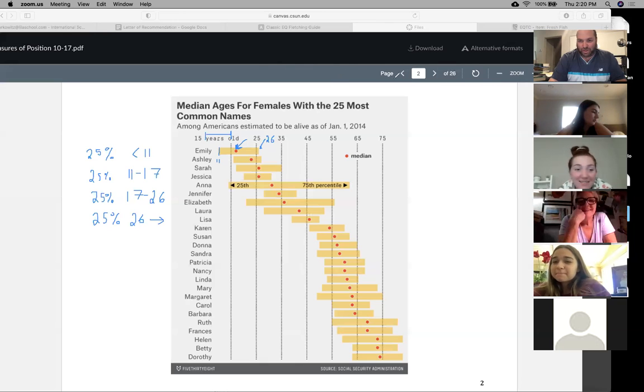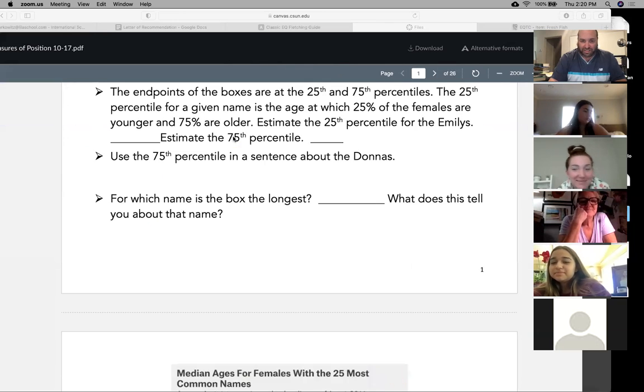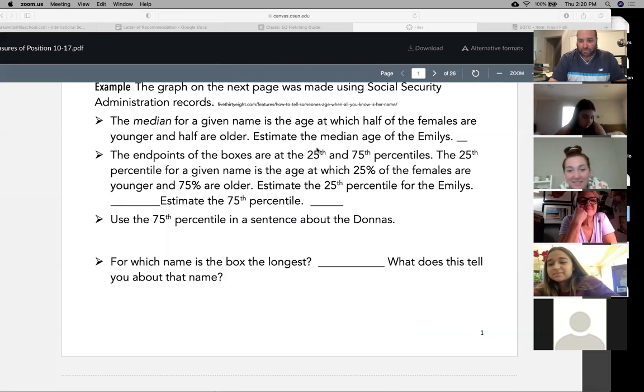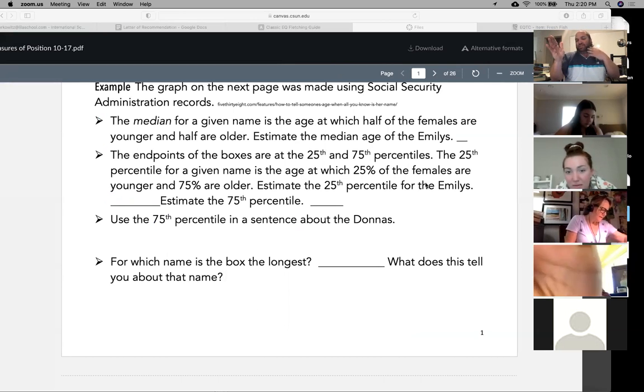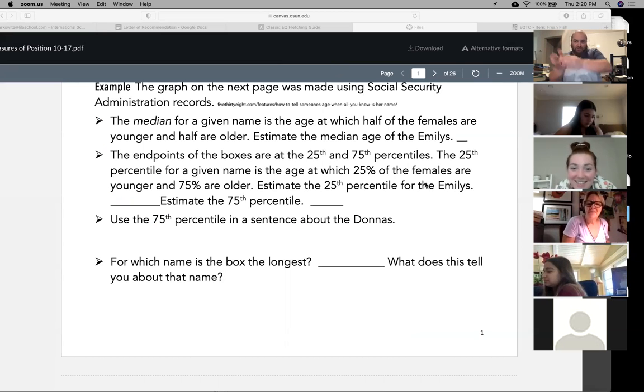Okay, so anyways, here's the idea of the 25th percentile, the median, and the 75th percentile. The 25th percentile is the value for which 25% of the data will be less than it. The median is the value for which 50% are less than it.